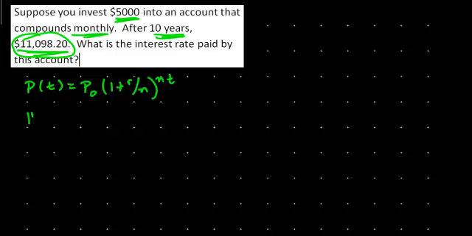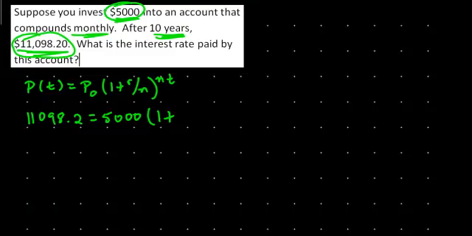So 11,098.2 equals P naught, the initial investment, 5,000 bucks, times 1 plus R over N. R is 0.05, correct?